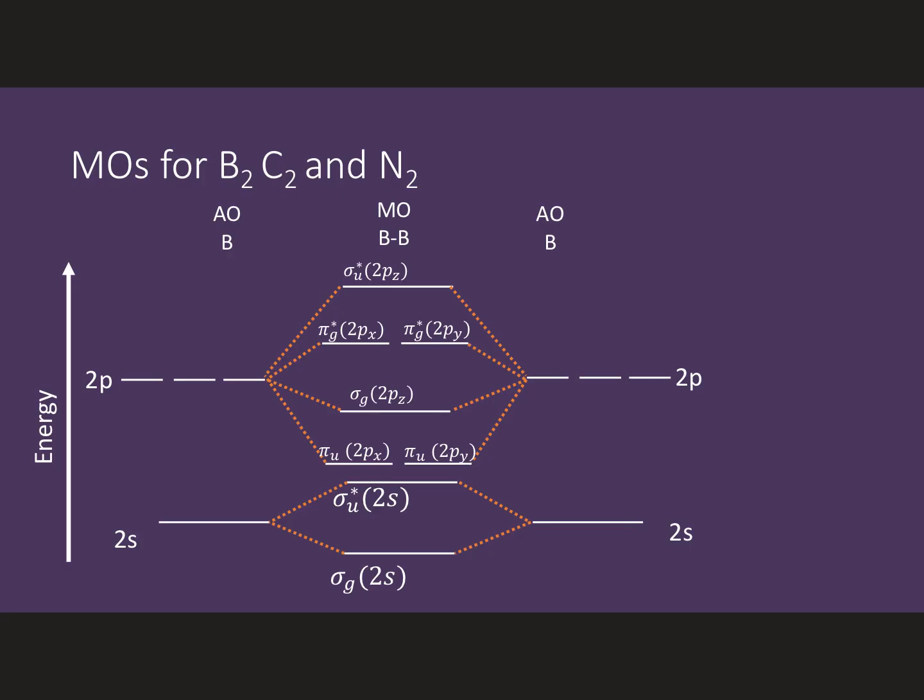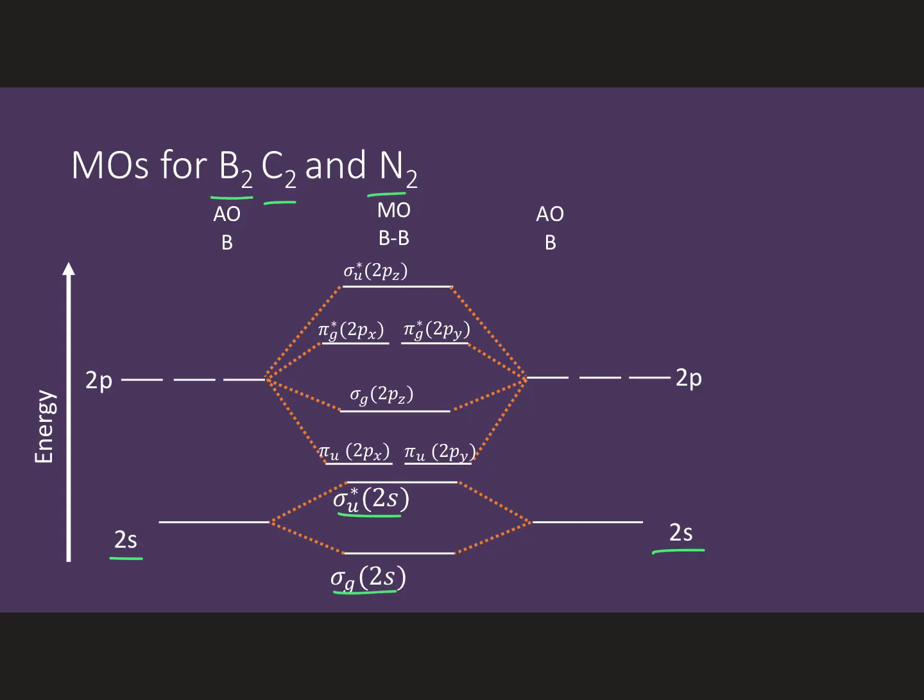So let's look at molecular orbitals now for things that are in the columns for boron, carbon, and nitrogen. So we're over in the p block on the periodic table on the left-hand side here. So just like we did with the helium example, we said we could have our 2s, so we're going to make a bonding and an anti-bonding, just like we did with the 1s, so nothing new here.